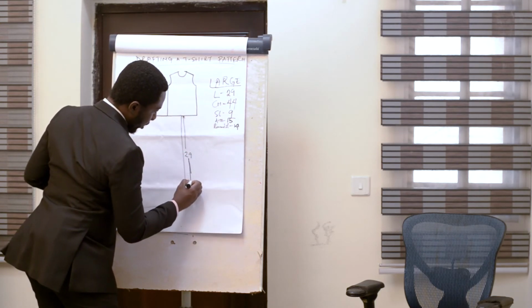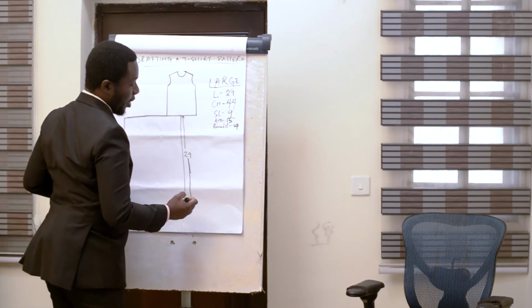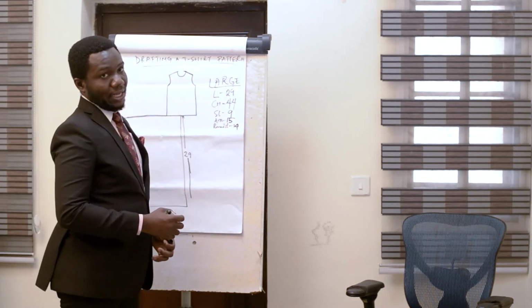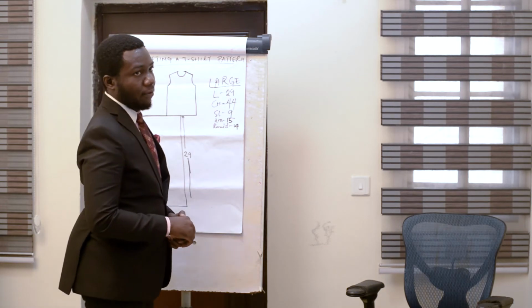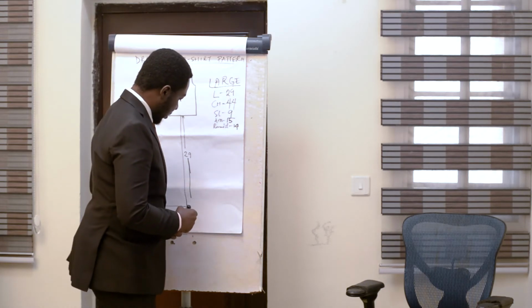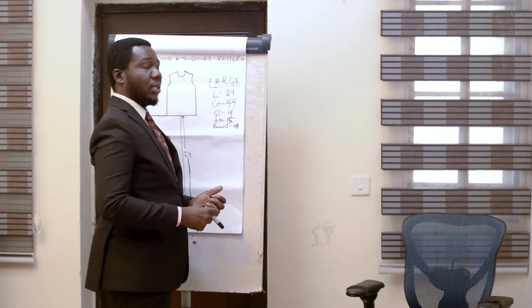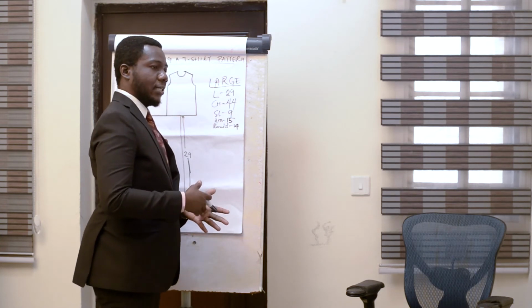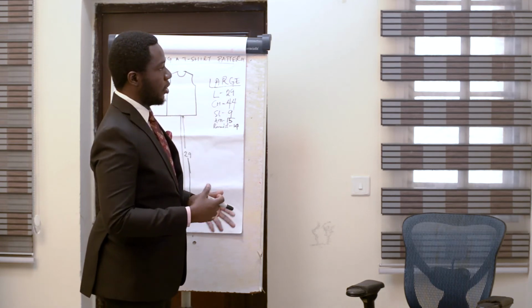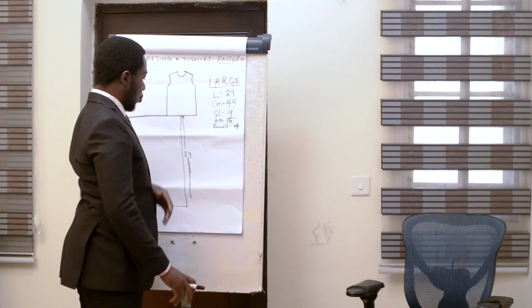inches. But then you now need sewing allowance for this. It's usually called folding allowance. So that folding allowance is at the same time the joining allowance for the shoulder.